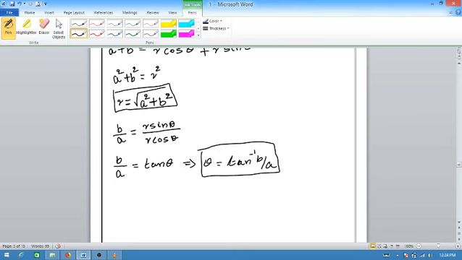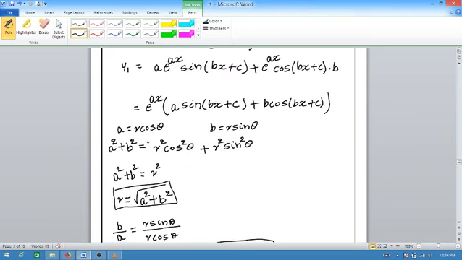Here what I will do is substitute a = r cos theta and b = r sin theta in the above equation. Here I will not substitute, that is no use here. So here and here I will substitute a = r cos theta and b = r sin theta.